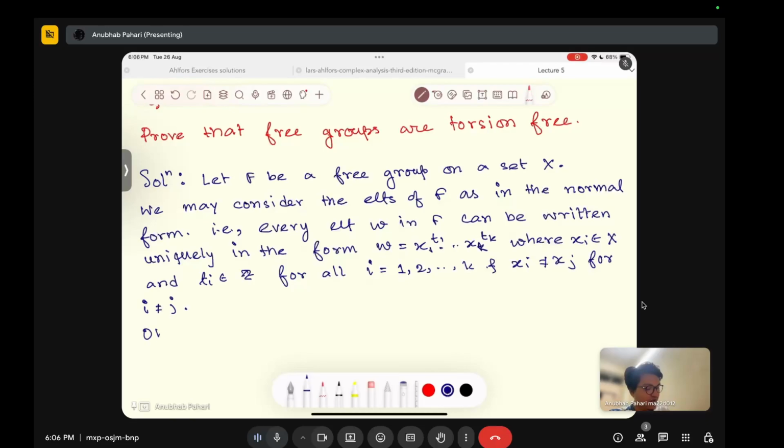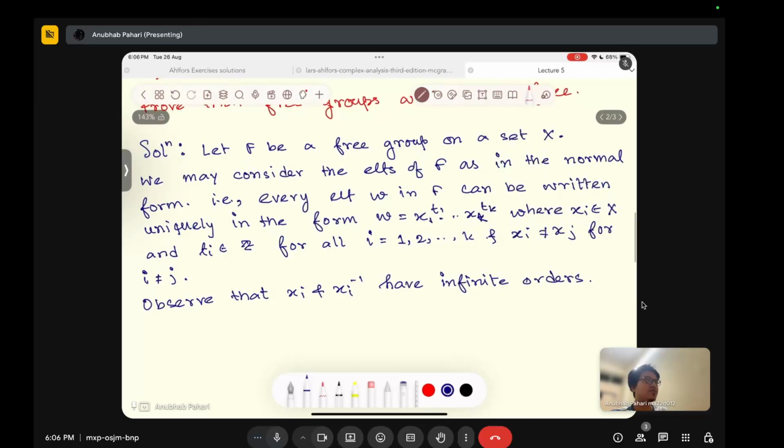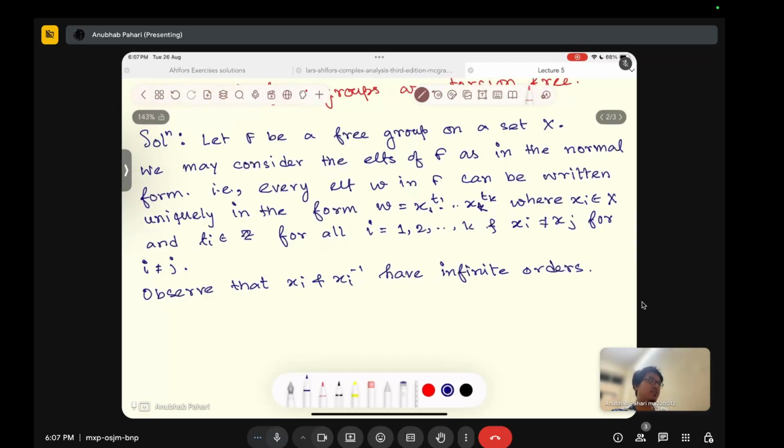So what I was telling earlier, observe that xi and xi inverse have infinite orders, because this is a free group, so all the powers of this should be linearly independent over Z. That is why the generators at least have infinite orders.